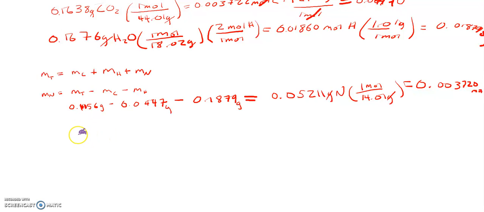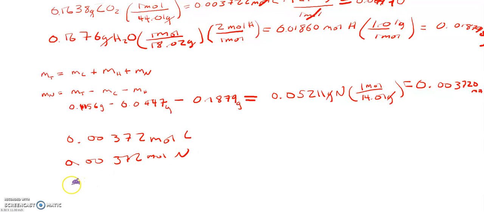So we got 0.0037 moles of carbon, moles of nitrogen, and 0.0187 moles of hydrogen. And what we do from here I will show you in the next video.